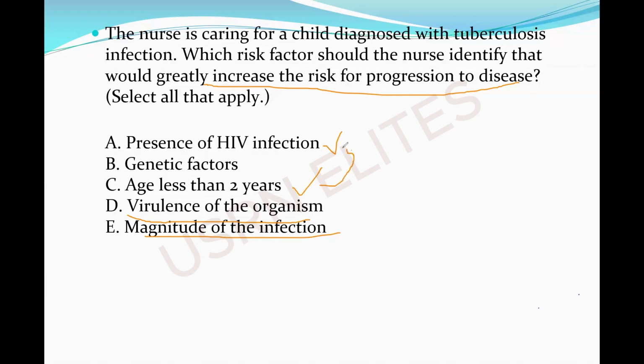Remember, almost everybody has a latent TB. Before it can become active, it relies on weakened immunity. The immunity has to come down before it can manifest. So the answers are A and C.